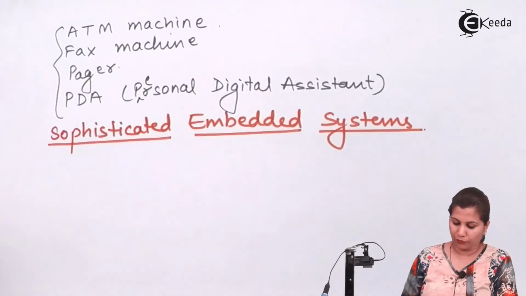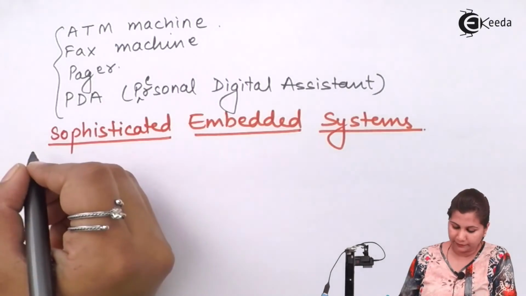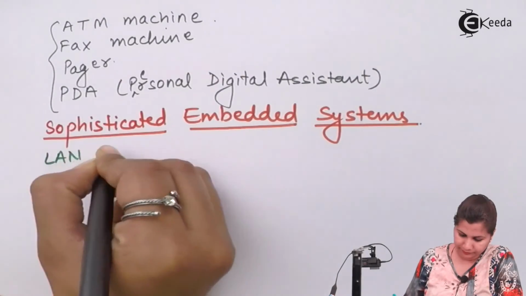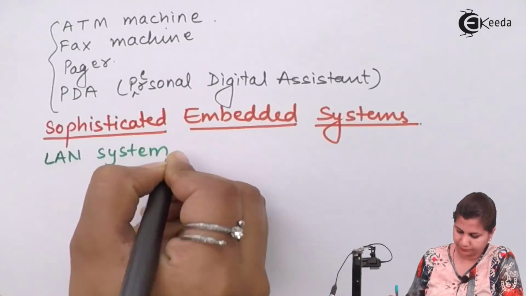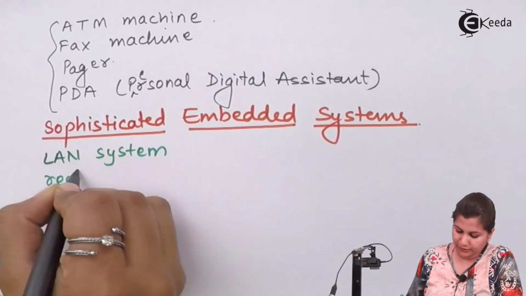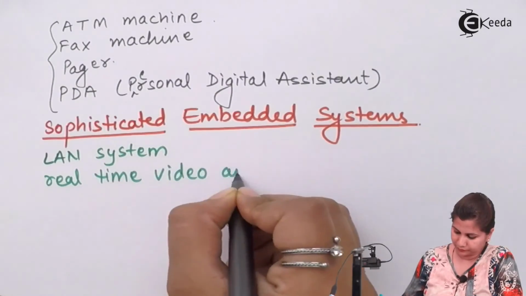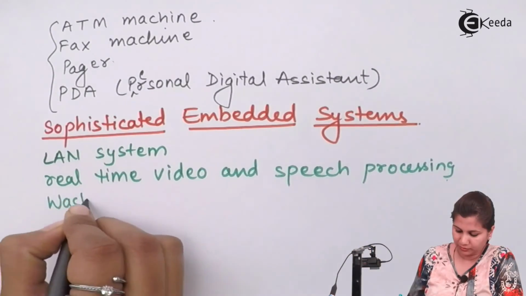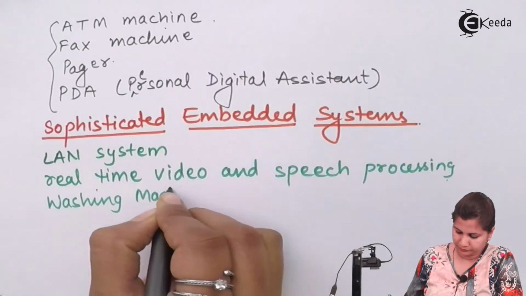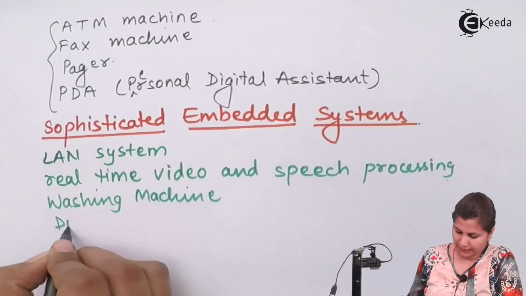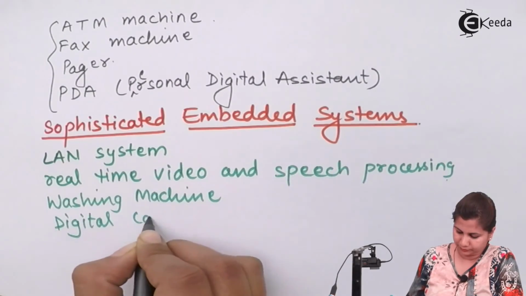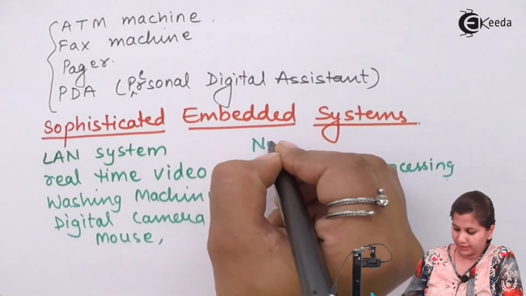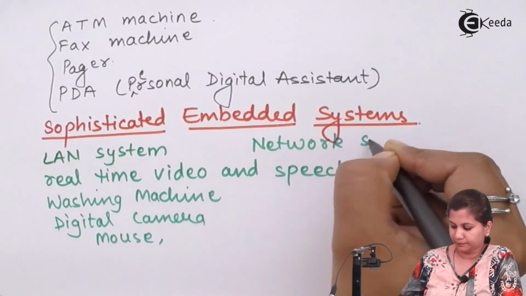Examples of sophisticated embedded systems are the LAN system, real-time video and speech processing, then washing machine, digital camera, mouse, network security system.